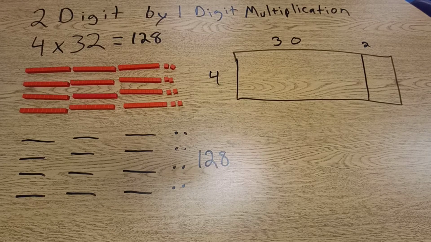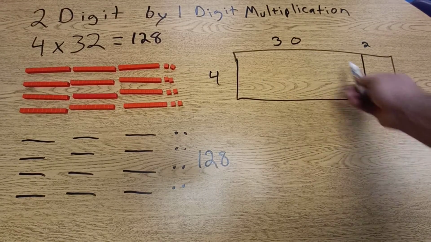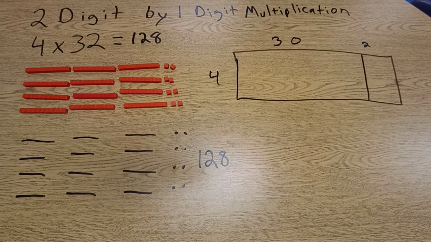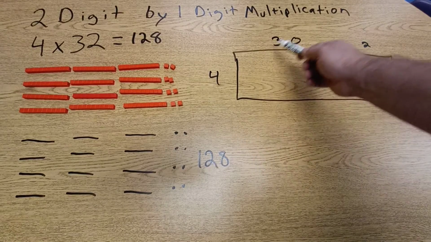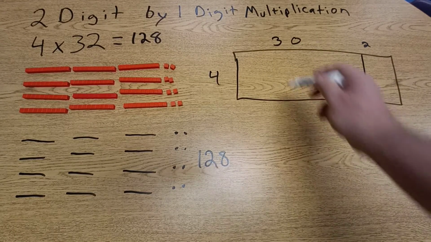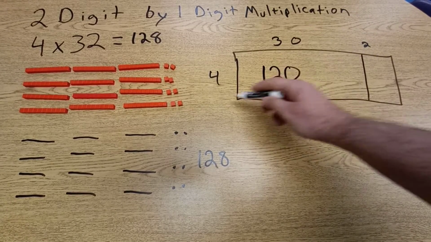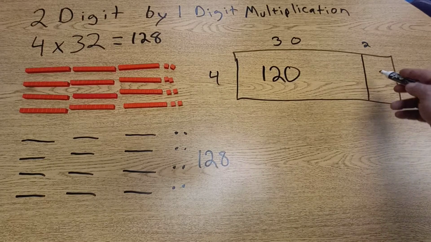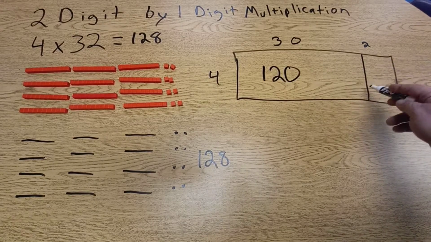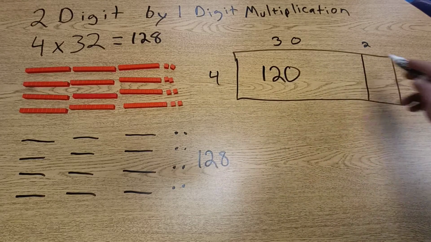So the first thing I do if I'm trying to multiply 32 times 4 is find the area of this rectangle right here. To figure that out, I would multiply 30 times 4. Or I could just do 4 times 3, and 4 times 3 is 12. And then I put the 0 to mark my place value, so 4 times 30 is 120. And then on this smaller rectangle over here, the length of this side is going to be 4 because opposite sides of rectangles are the same length.